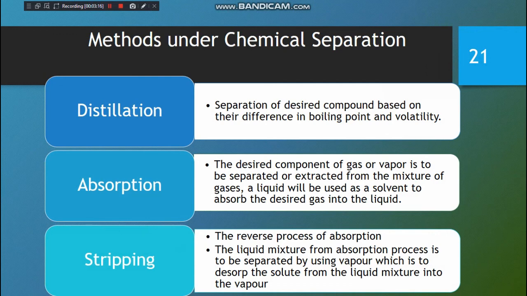As you see in the definition, distillation is the separation of desired compounds based on their difference in boiling point and volatility. Actually, there are different descriptions of the distillation process. Some books say that a volatile vapor phase and a liquid phase are involved, such as in the distillation of an ethanol-water solution, where the vapor contains a concentration of ethanol greater than in the liquid.